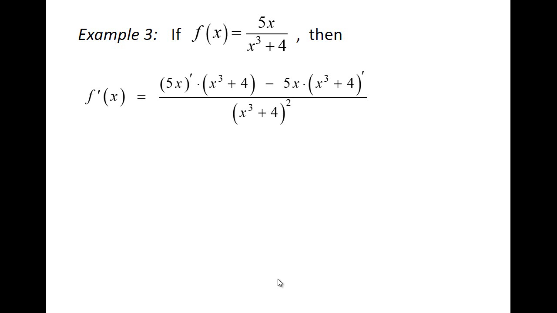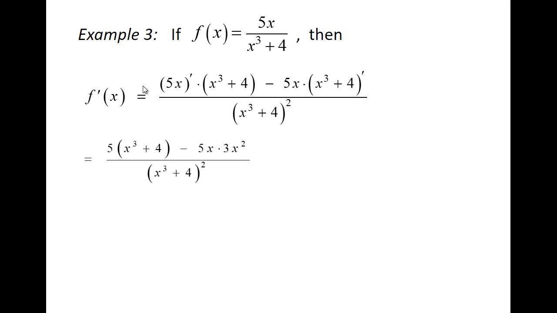So by the quotient rule, we know that the derivative of f would be the following fraction, where the denominator is the square of the denominator here, and in the numerator we have the derivative of the top multiplied by the bottom minus the top multiplied by the derivative of the bottom.